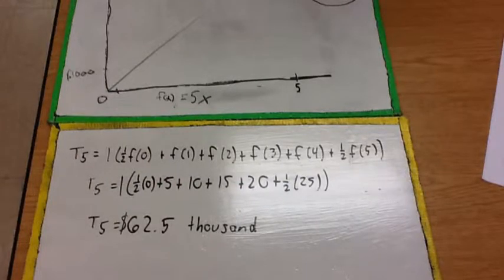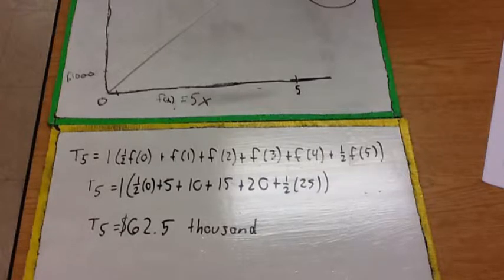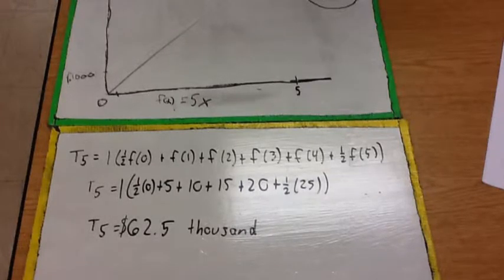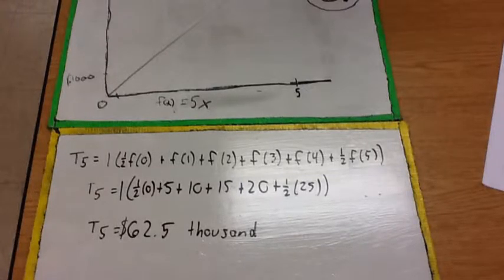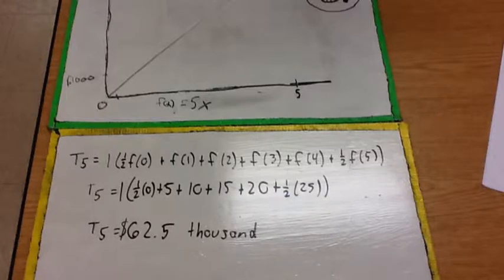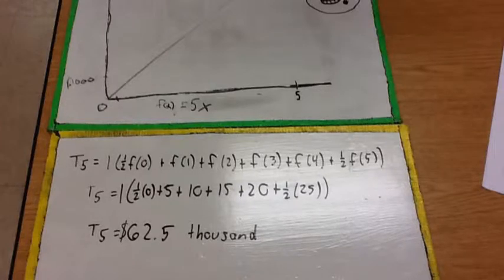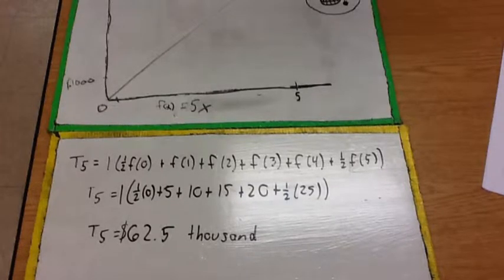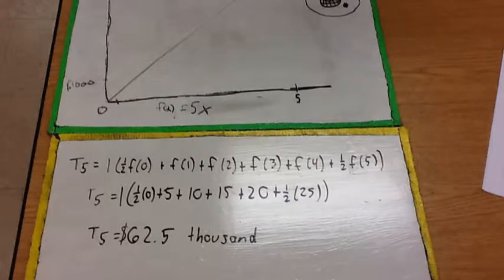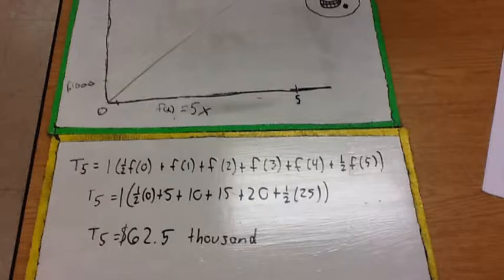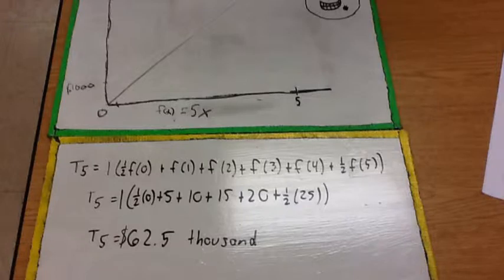So, the first step to using the trapezoidal rule, you need to find your change in x, which would be our length of 5 years over our 5 subintervals. And next, you use the area of a trapezoid, which is 1/2 height times base 1 plus base 2. Next, you plug everything we found into the trapezoidal rule, which is change in x times 1/2 f of a, which is your beginning point, plus f of x, the second one, and so on until you get to your end point, which is 1/2 f of b.